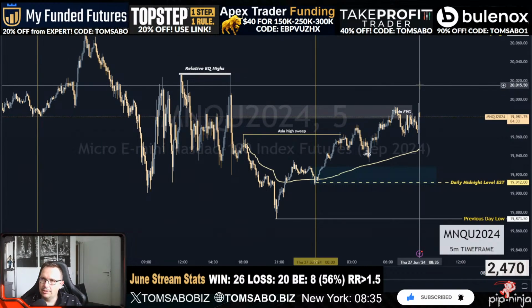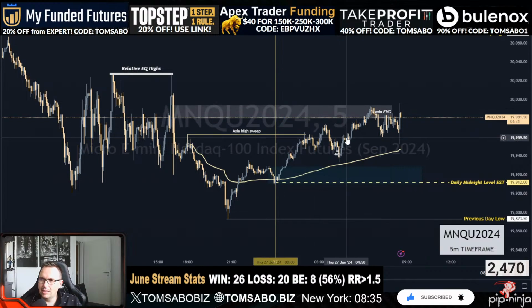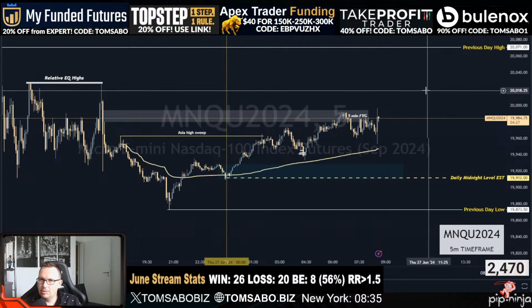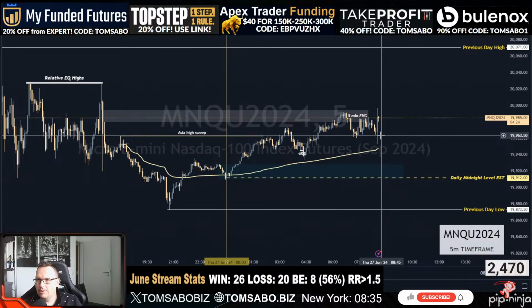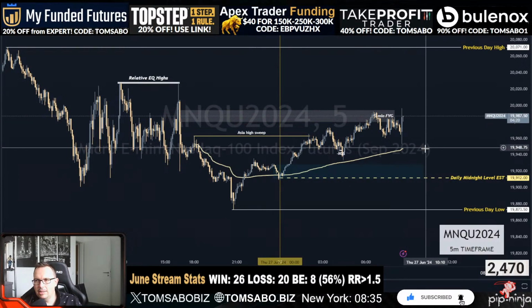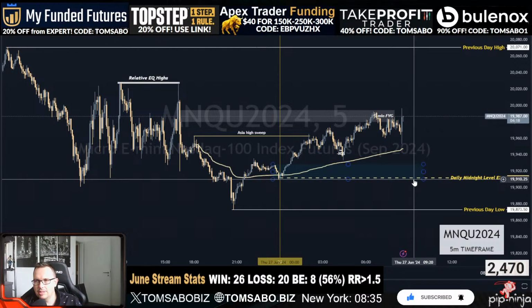Well, seems like nothing to do. We took out both sides, no direction. So first we have to build up some structure and then break to one of the directions.